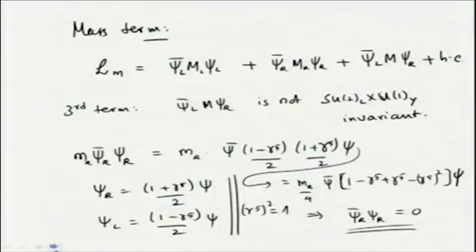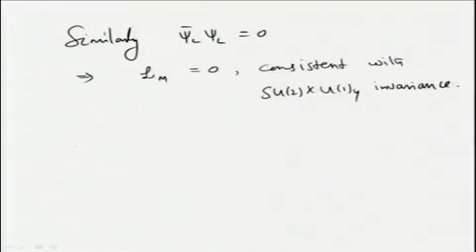Now, the third term is the only hope for us, but we do not have gauge invariance for that. Actually, that is something which we have to live with. Okay?